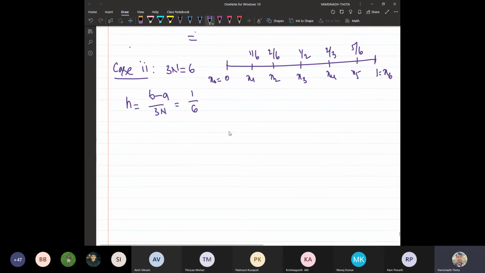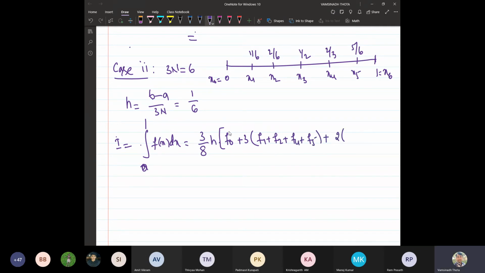Now, in this case, the approximate value of the integral from 0 to 1 of f(x) dx is 3 by 8 times h times f naught plus 3 times f1 plus f2 plus f4 plus f5, plus 2 times f3 plus f6.